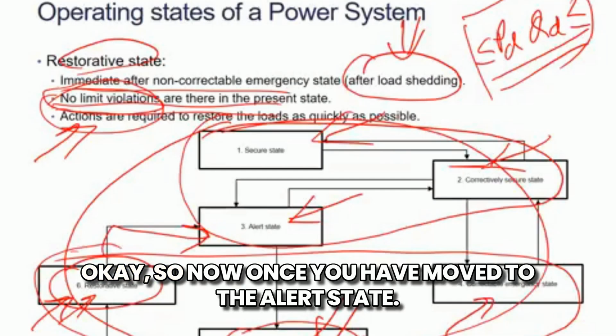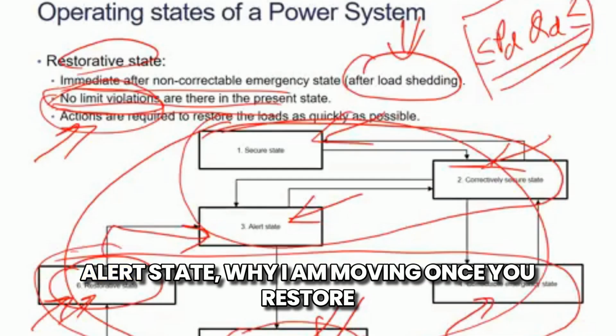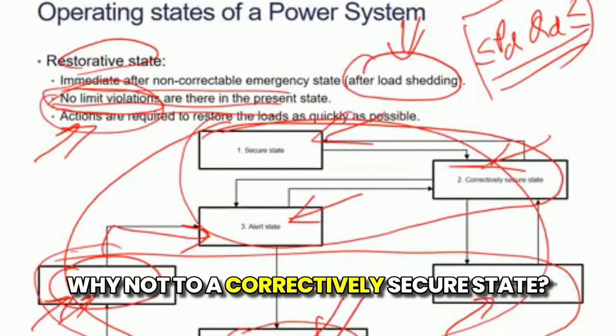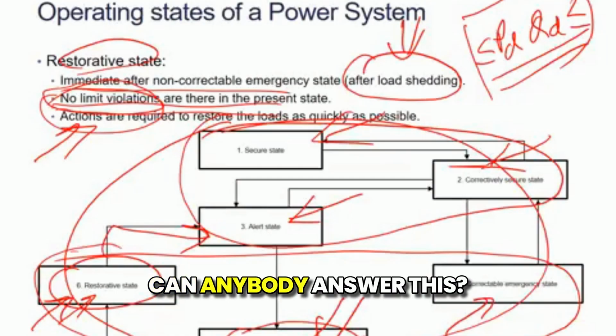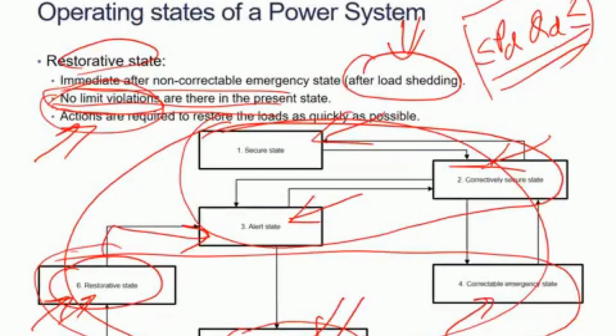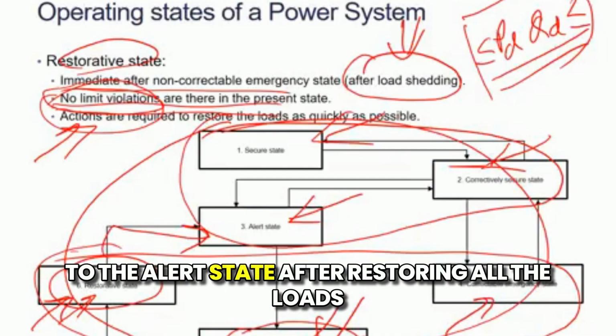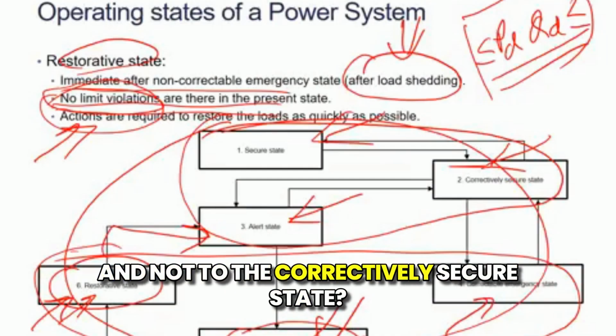Okay, so once you have moved to the alert state, once you restore everything, why am I moving to the alert state, and why not to a correctively secure state? Can anybody answer this? From the restorative state, why am I moving to the alert state after restoring all the loads and not to the correctively secure state?